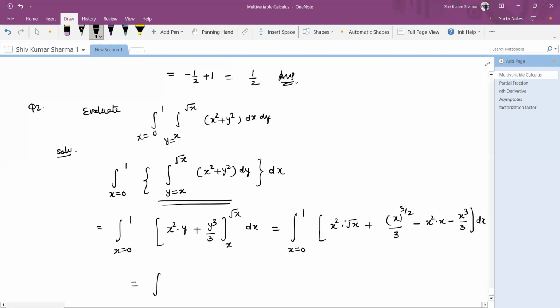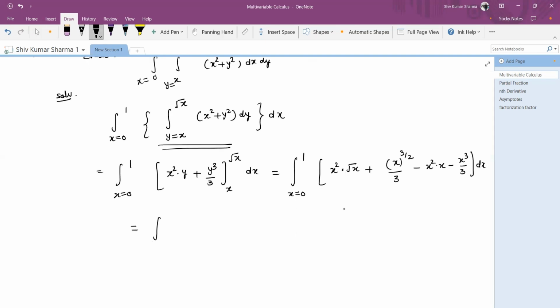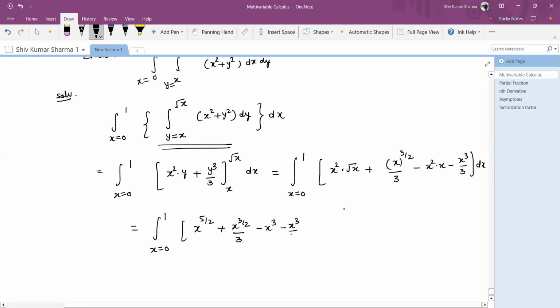Now we simplify. The first term will be x square into root x, so the power is 2 plus 1 by 2, which is 5 by 2, plus x raised to the power 3 by 2 upon 3, minus x cube upon 3 into dx.